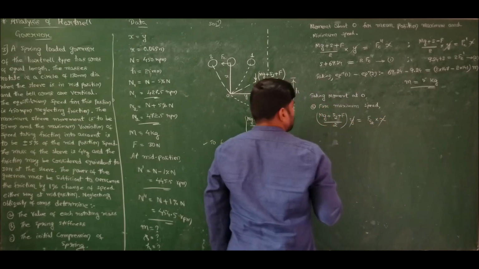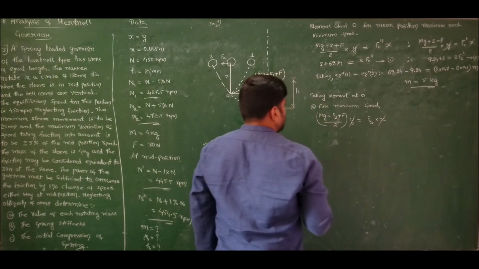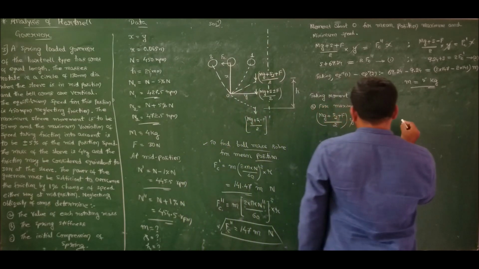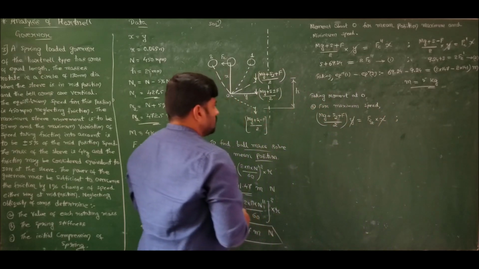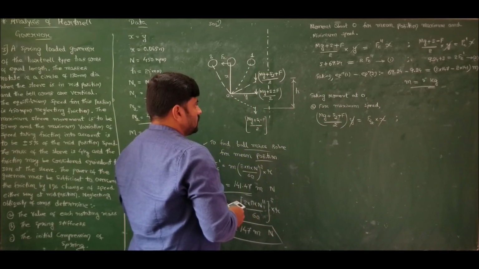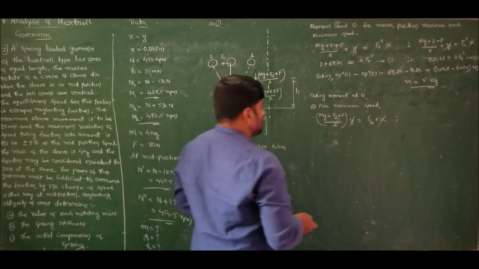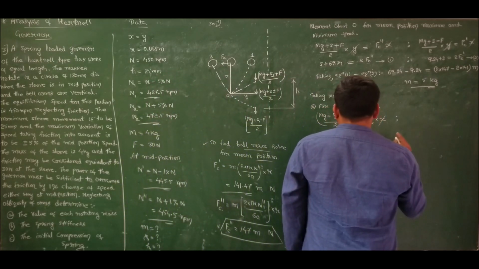So cancel x and y. Now what are you left with? You are left with S2 only, right? So what is the value of S2 you are going to get?